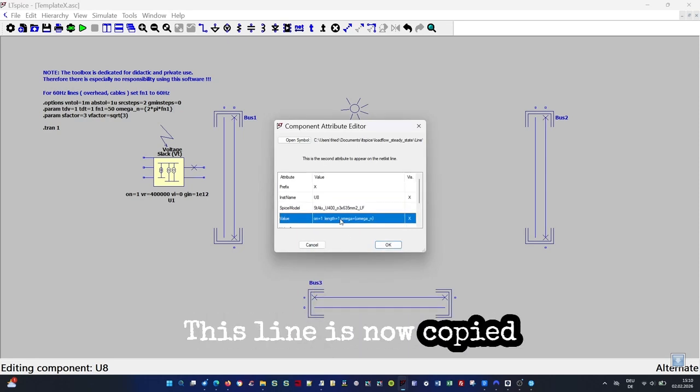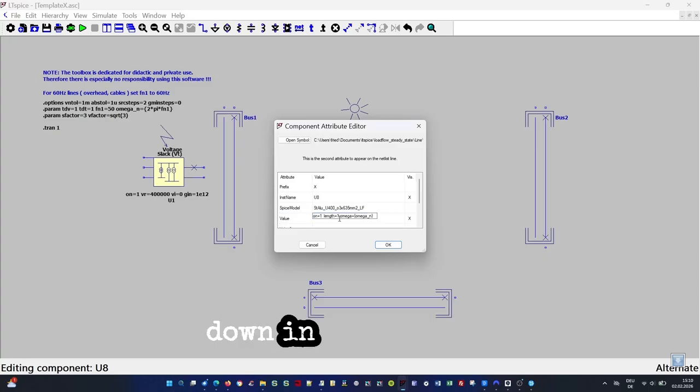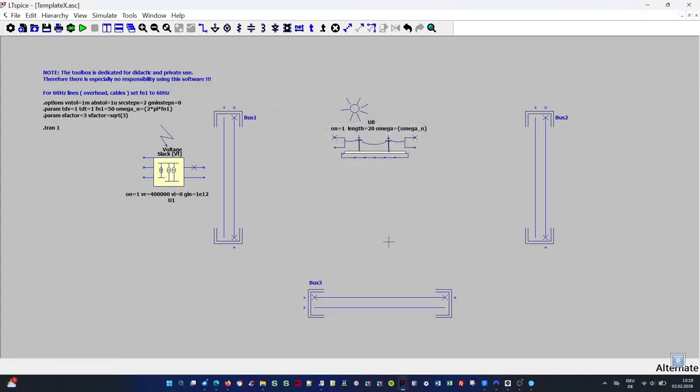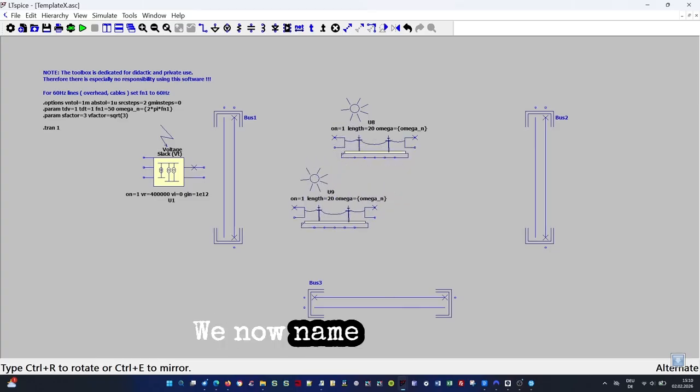This line is now copied twice and inserted further down in the circuit. We now name the lines.